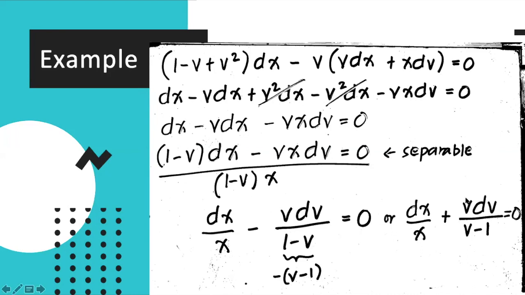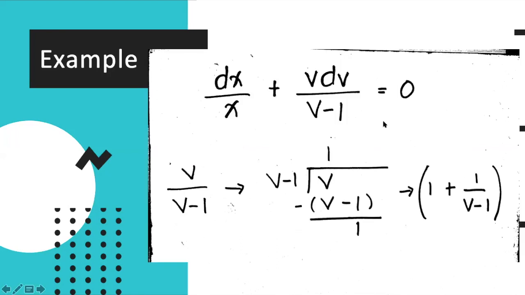So inayos ko lang siya. Ito yung gagamitin ko: dx over x plus v dv over v minus 1. Take note na naging positive siya because I have interchanged this part and factored out negative. Nagets? Na-follow? Para maging positive siya, sir. Yes. Okay? So I will use this now.